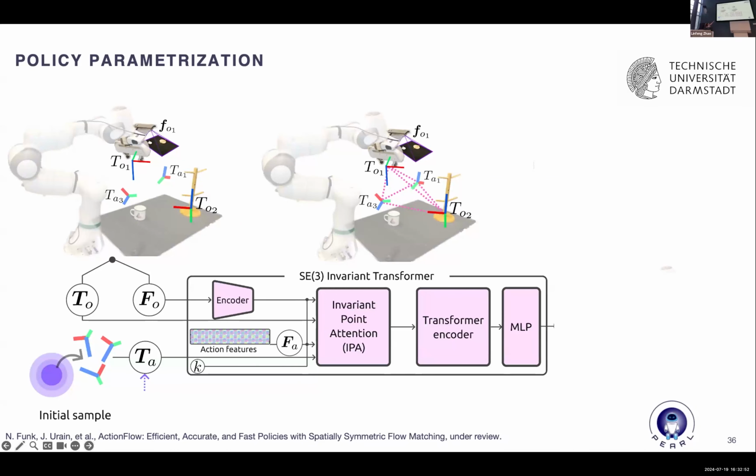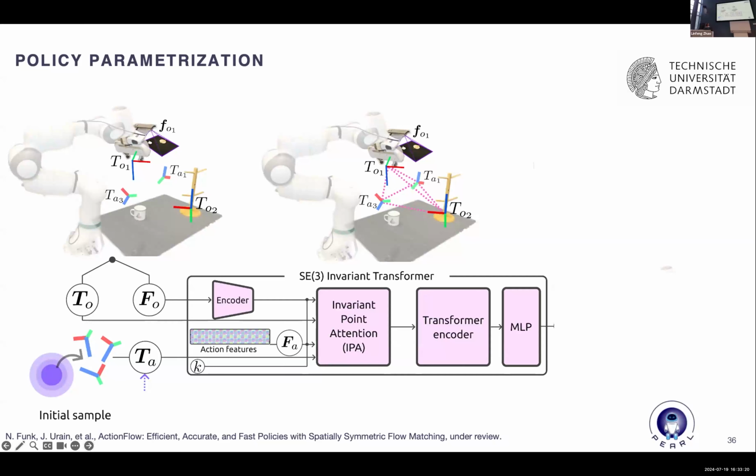The poses that we get can also have features, which could be, for example, features about texture, features from pre-trained models, whatever you want. You also have the actions that you sample from your initial distribution, together with some action features that you learn with an encoder, and you have also the k that represents the denoising step.